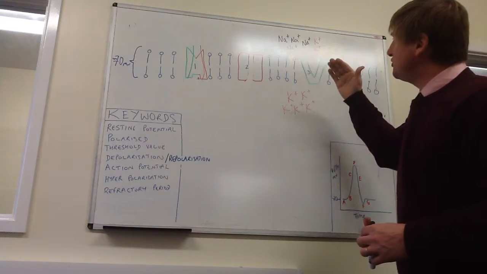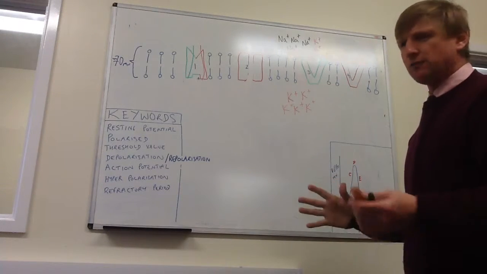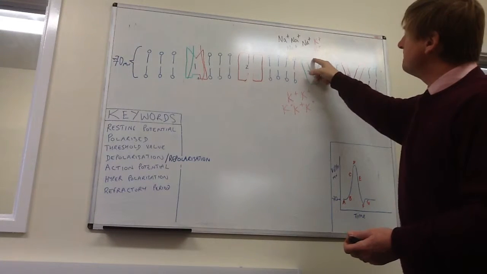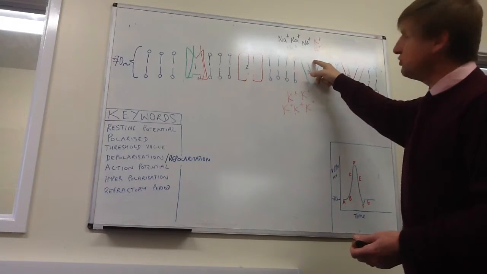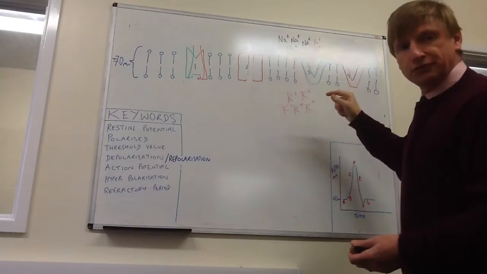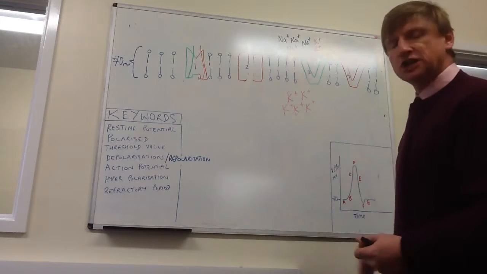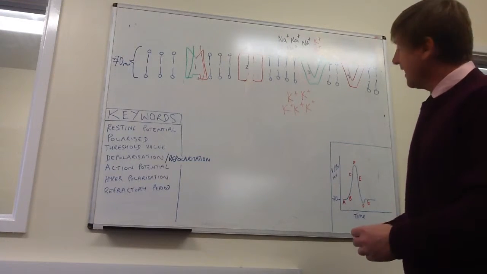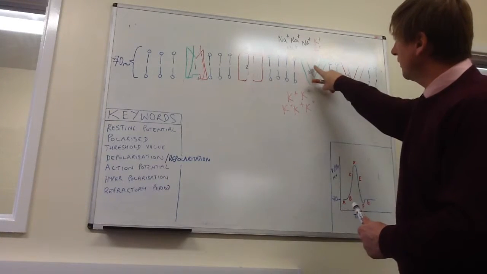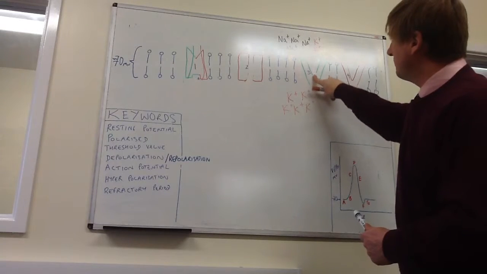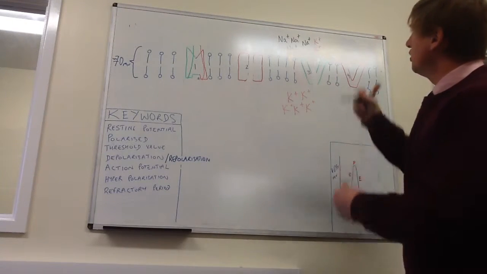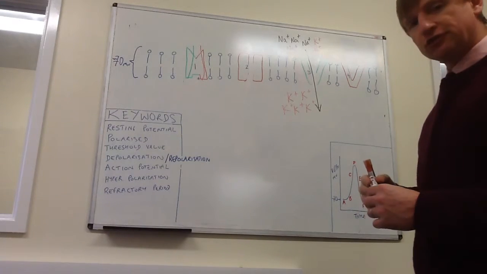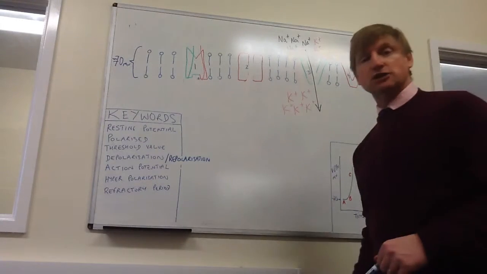And when we do hit around minus 60, minus 55, this voltage-gated sodium channel opens. We call it voltage-gated because it will open and close at certain voltages. And when this opens, sodium ions are able to rush in down their concentration gradient and down an electrochemical gradient.